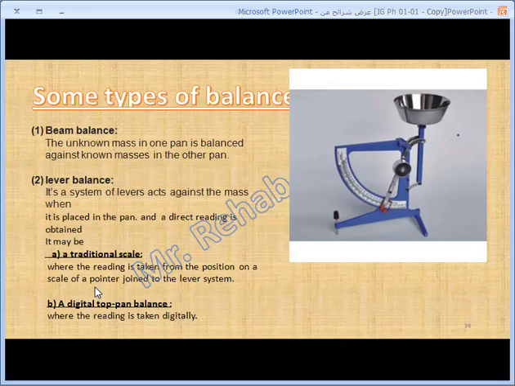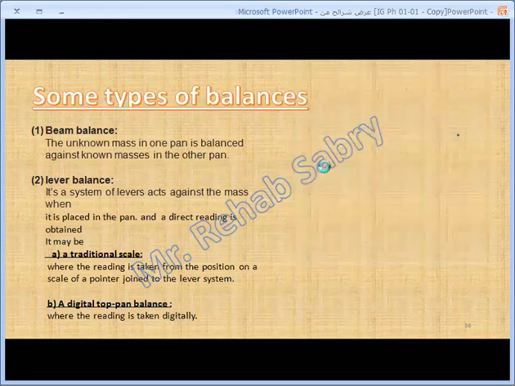It takes the reading using a pointer rotating on a scale, as you see, so it may be called the analog one. Sometimes instead of this scale, there is a screen that gives you the reading directly as numbers like this.